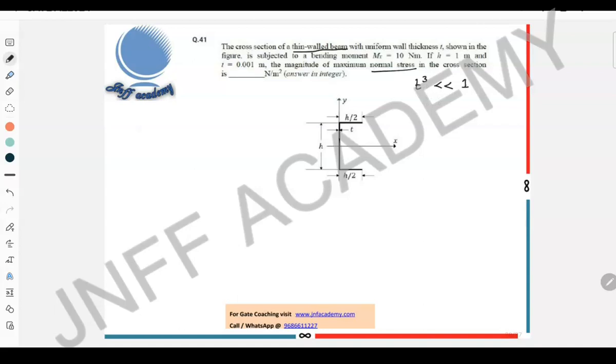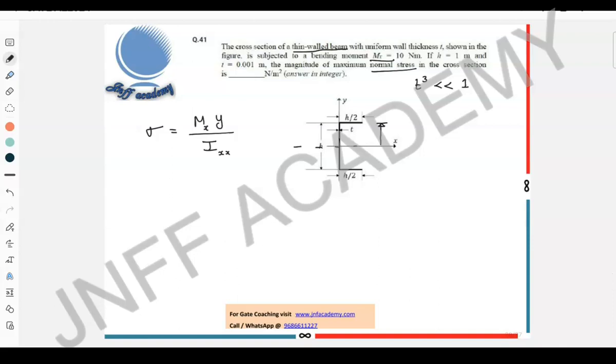First, you need to know the formula for normal stress: sigma is equal to My by I. The section is symmetrical about the x axis. The moment which they are applying is moment about the x axis, so suffix x, so we have to consider the moment of inertia about the x axis. The y is nothing but the topmost layer from the central axis, then only we will get the maximum stress value.